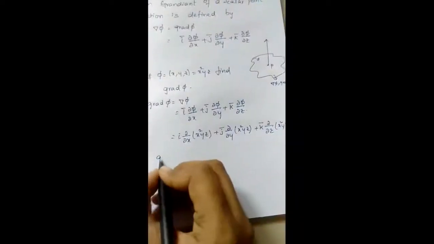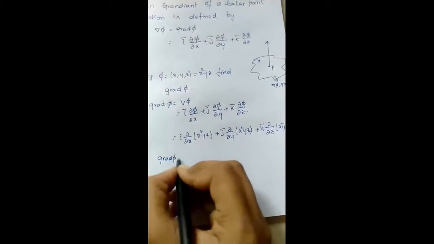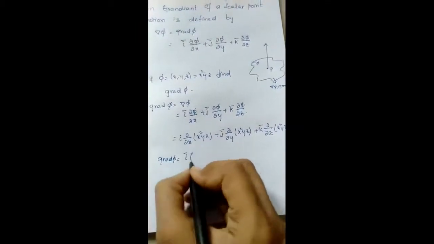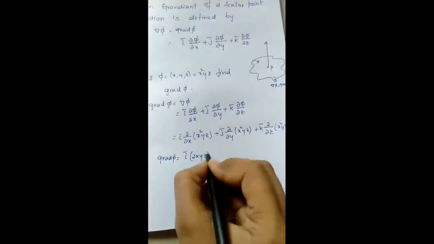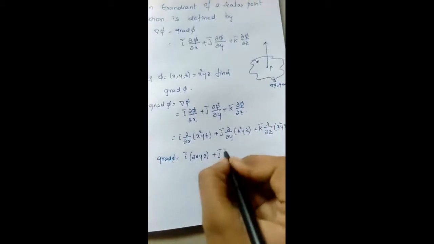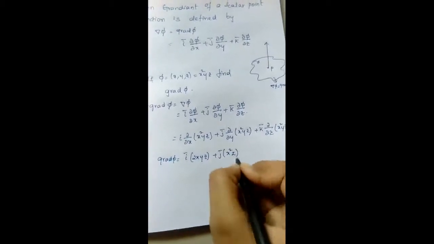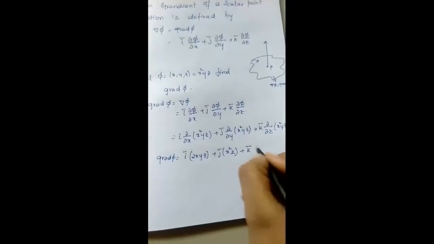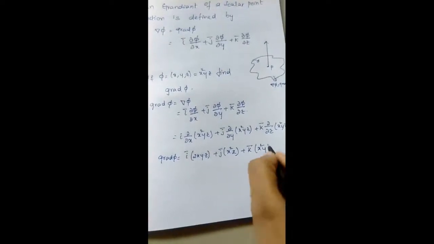Grad phi is nothing but i bar 2xyz plus j bar x square z plus k bar x square y.